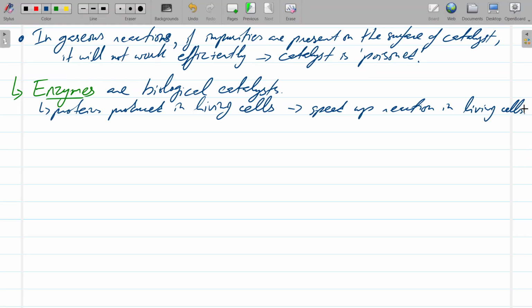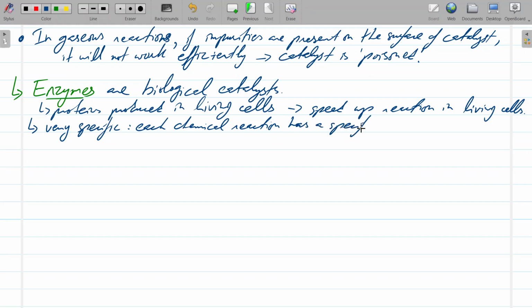And just like you can't use any catalyst for any reaction, these are also very specific. So you've got different enzymes for different reactions. Each chemical reaction in a living system has a specific enzyme to catalyze it.